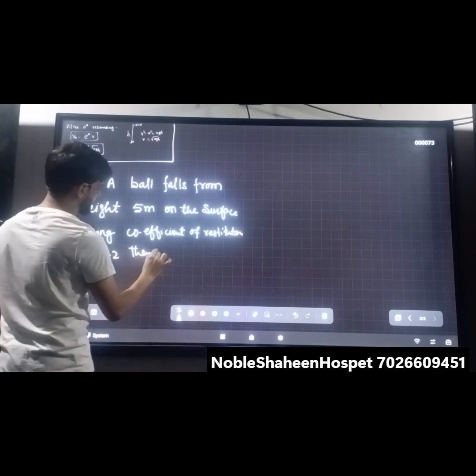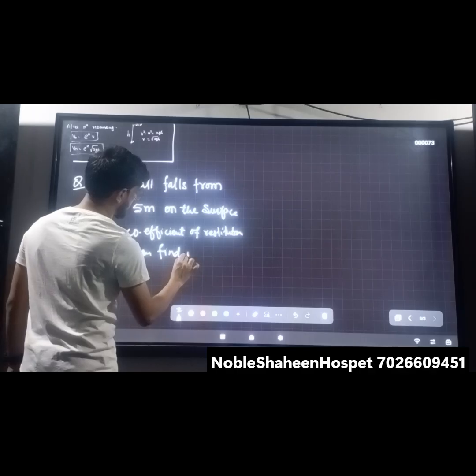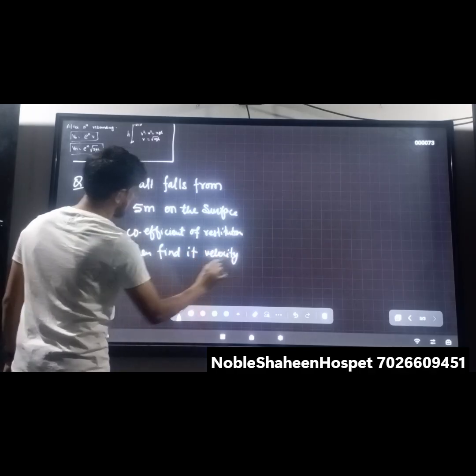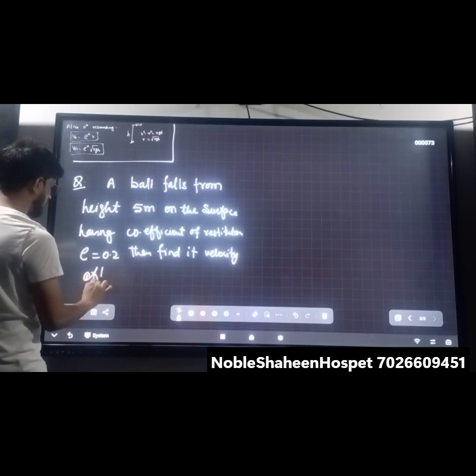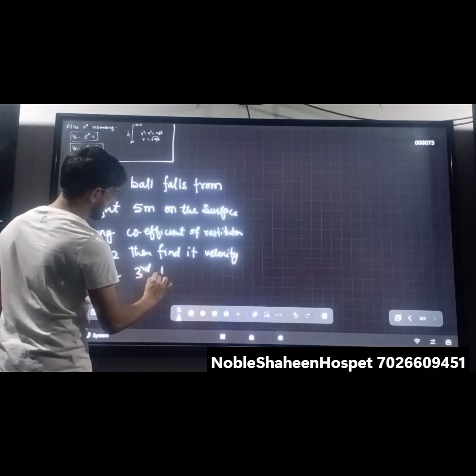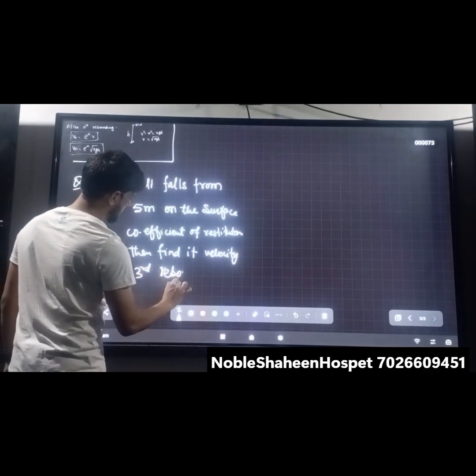Then find its velocity after the third collision, after the third rebounding. This is the question.